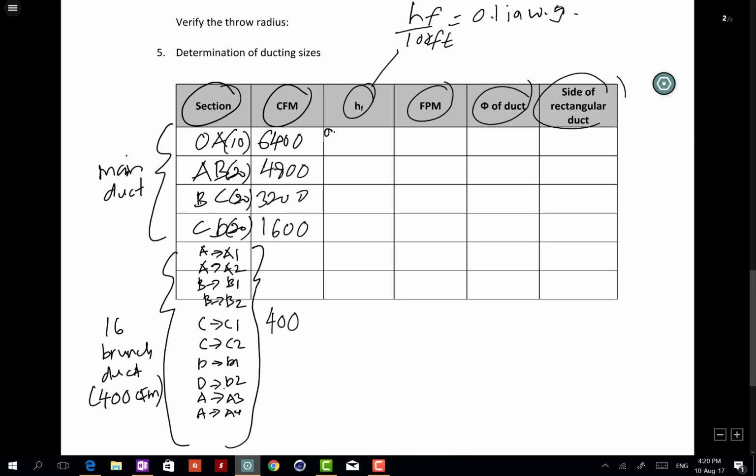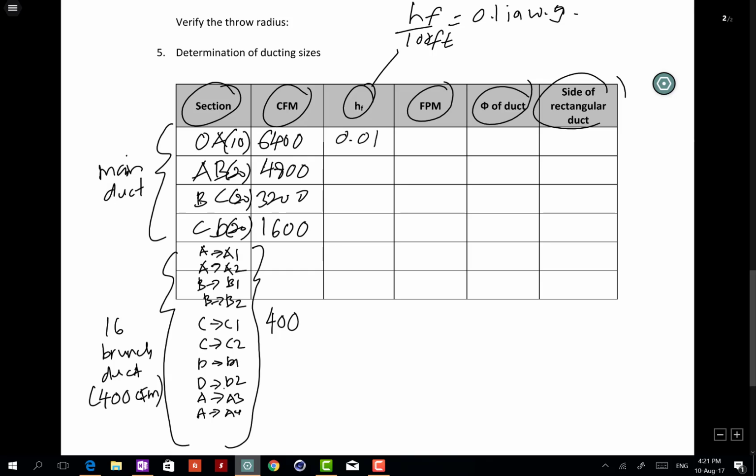So to calculate HF, 0.1 over 100 multiplied by the length of the section, 10, it becomes 0.01. So I just write 0.01.